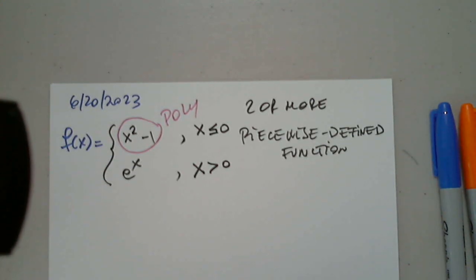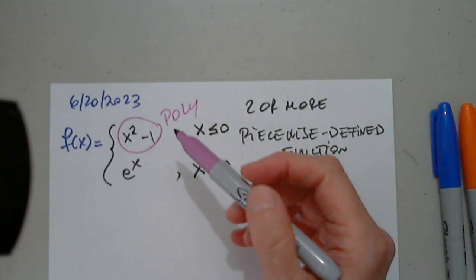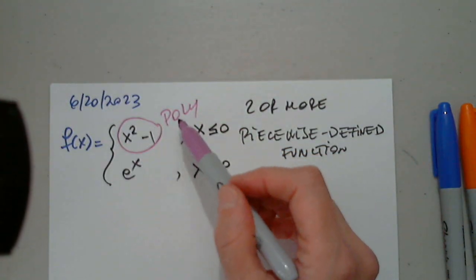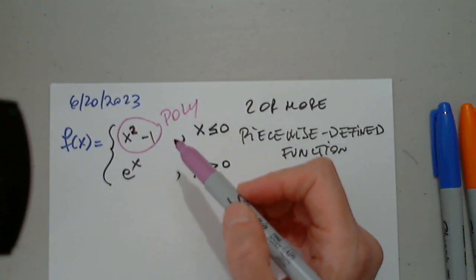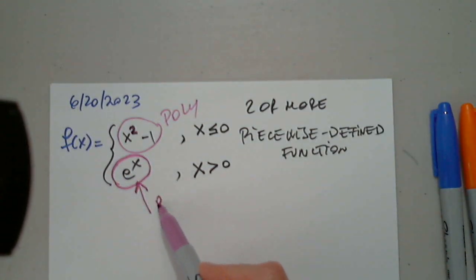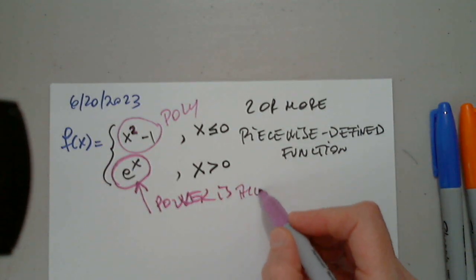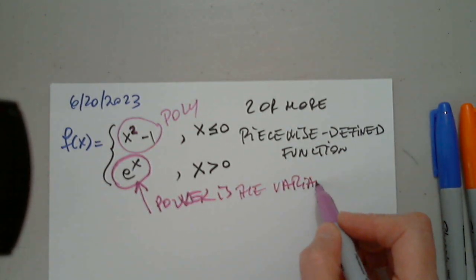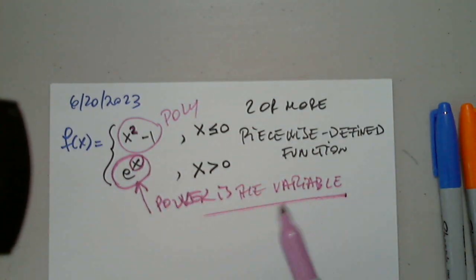Specifically which type? It is a binomial, but which type of polynomial function? Exponential. This is the exponential, when the power is the variable. If the power is the variable, that is exponential.